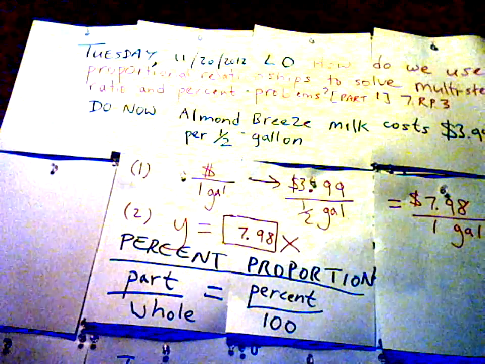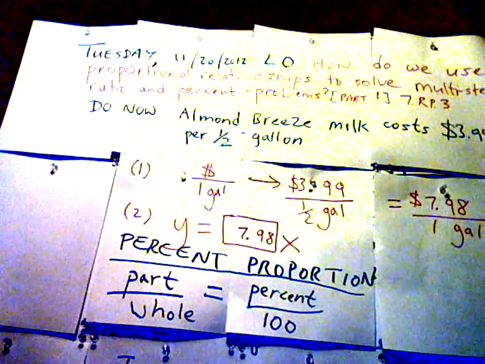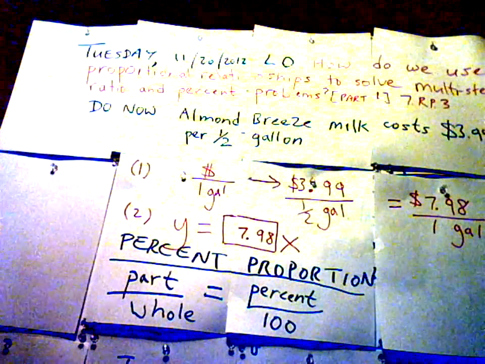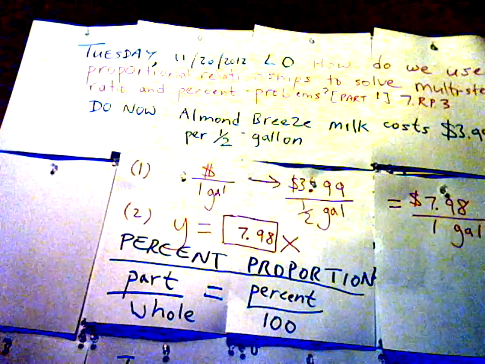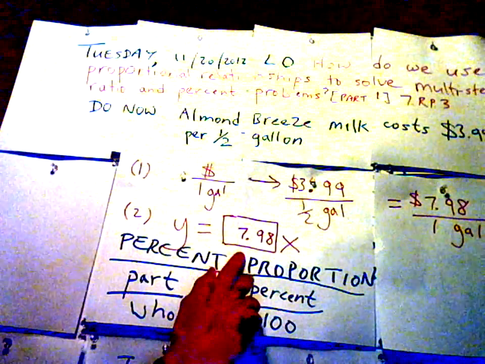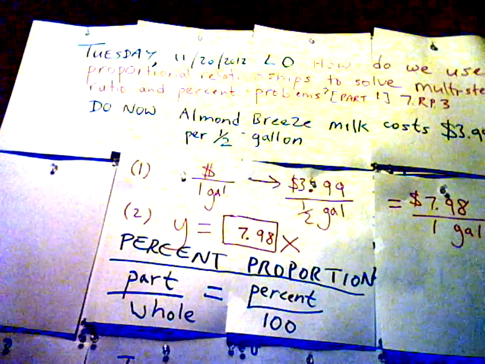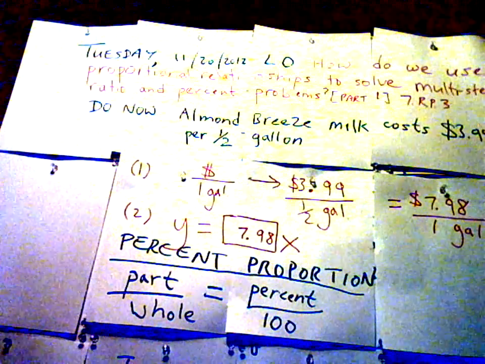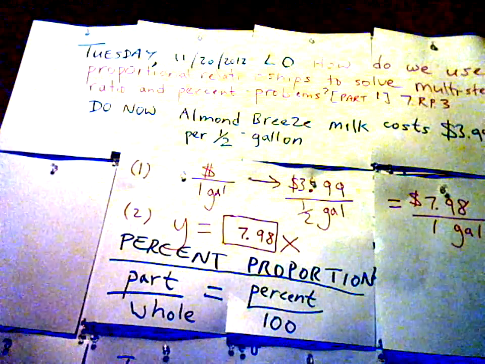Alright? And so, like I was saying to the second class yesterday, if you notice the pattern, whenever you're trying to find the equation for a proportional relationship, the number before the x is always the unit rate.